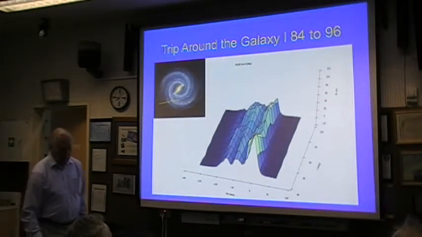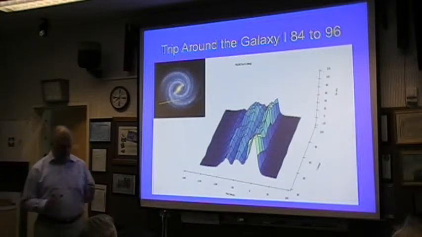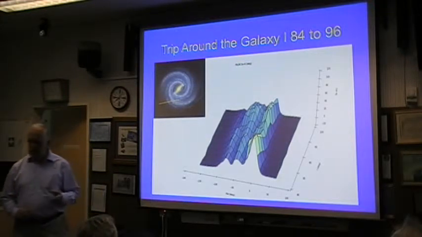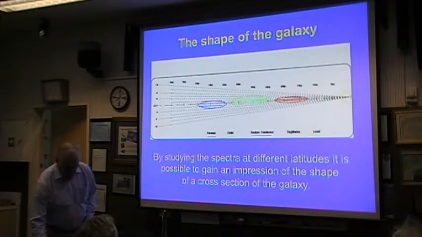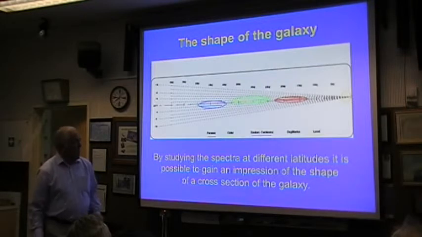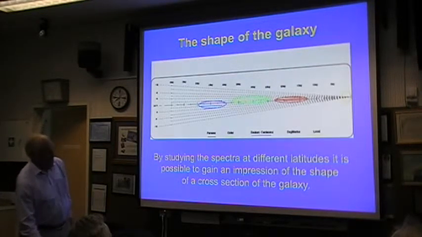Now, it is possible, and with the little group that I've been working with, we kind of ran out of steam at this point because none of us were good enough at graphics. But it's possible to take this data and create, if you like, slices through the galaxy. This is looking in one particular longitude.